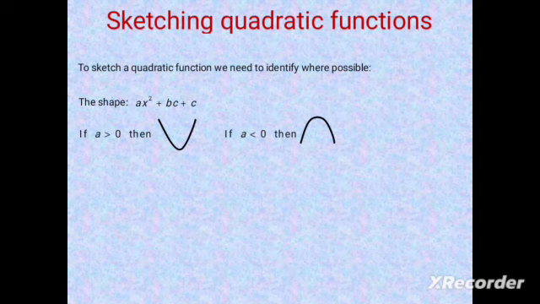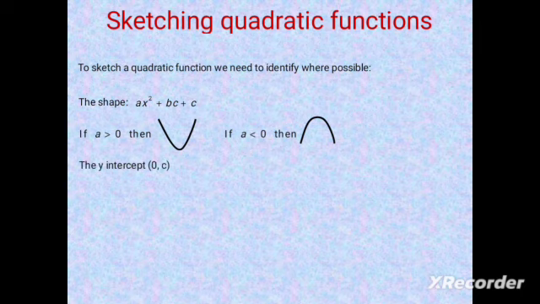We have it that if a is greater than 0, then we will have a u curve. And if a is less than 0, that means the value of a is a negative coefficient, then the shape will be an inverted u.